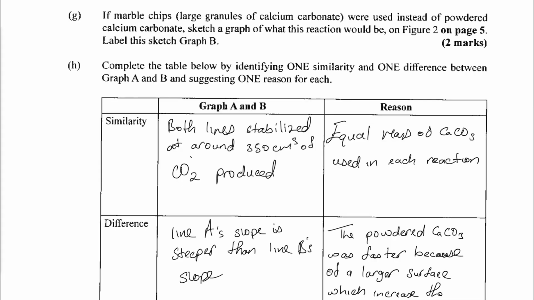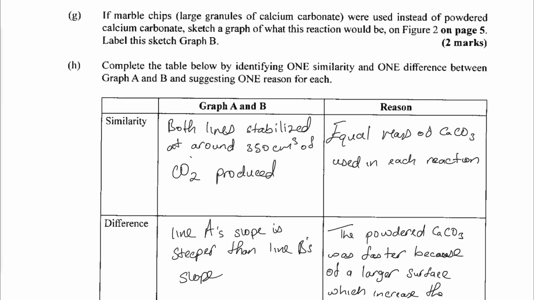So question H. Complete the table below by identifying one similarity and one difference between graph A and B and suggest one reason for each. So in terms of similarities, both lines stabilize at around 350 centimeters cube of carbon dioxide produced.